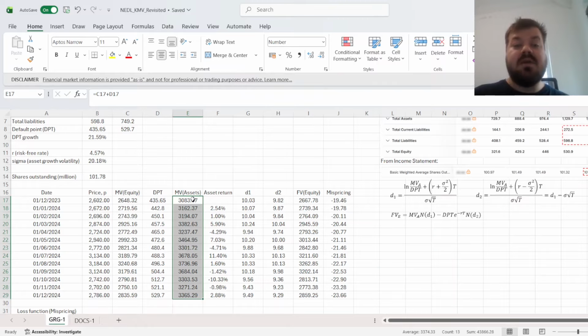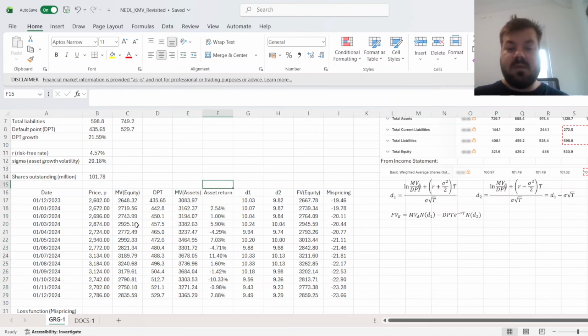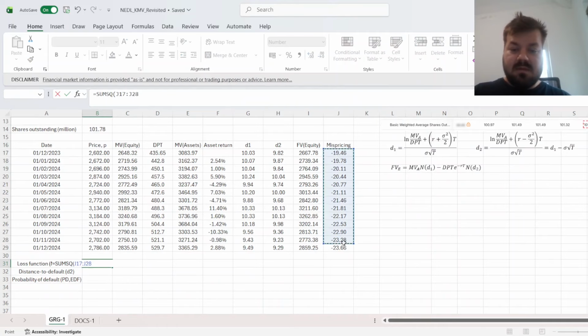If we allow the market value of assets to vary, we can minimize those mispricings and, in the best case scenario, set them all to 0, so that the model precisely evaluates what the market value of assets is at every single point. That's exactly what we're going to do. We're going to specify our loss function, our sum squared of mispricing.